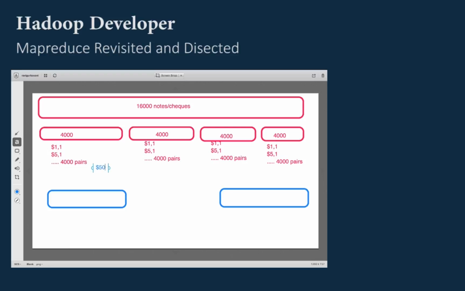Imagine $50 dot hashcode happens to be 90. 90 modulo 2 is 0. So that kind of violates the goal. If we go by hashcode partitioner, in this case, David may end up receiving $50. That's something we don't want.